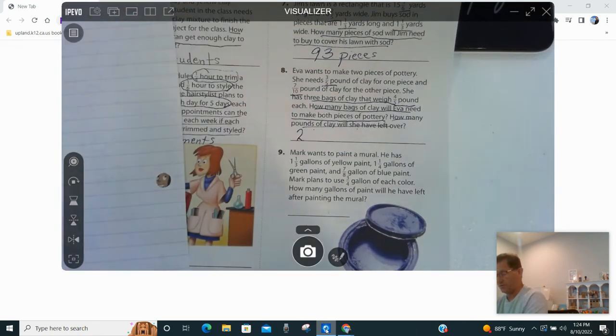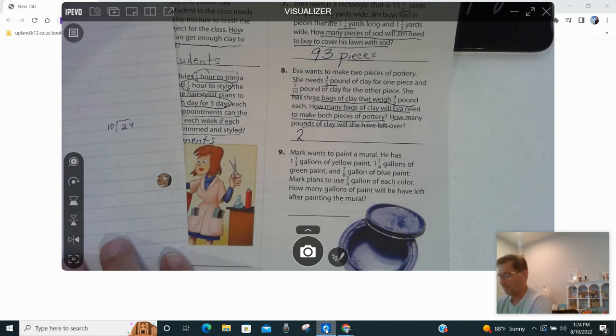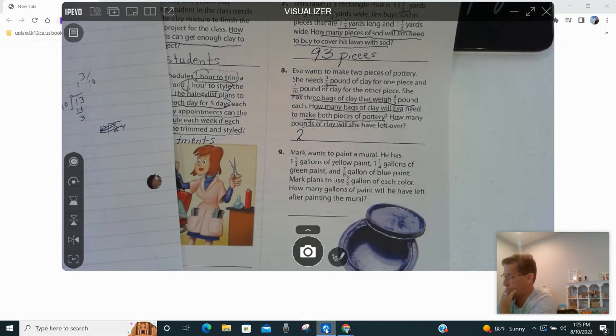So she's going to use 24 divided by 10. That's how much she's using. I'm sorry, 13 tenths. So 13 divided by 10.